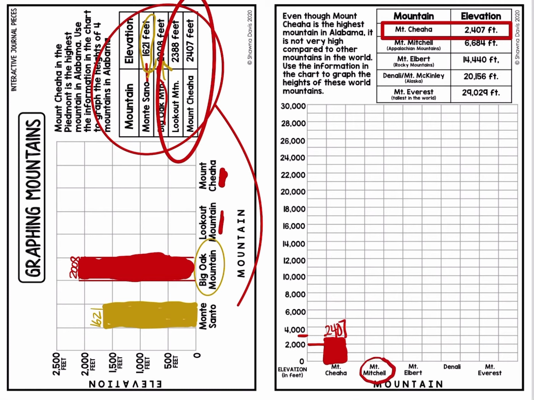And for Mount Mitchell, if you look up here, you can see that Mount Mitchell is part of the Appalachian Mountains, and the height is 6,684. So here's 6,000, and remember, we said this is 7,000. So 684 is going to be up this way because it's very close. Well, no, it's too close, actually.